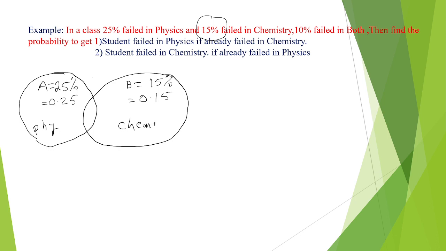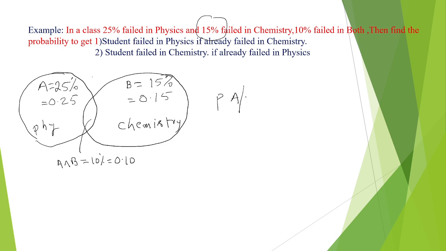And both failed, that is P of A intersection B is equal to 10%, which means 0.10. Now we can calculate.